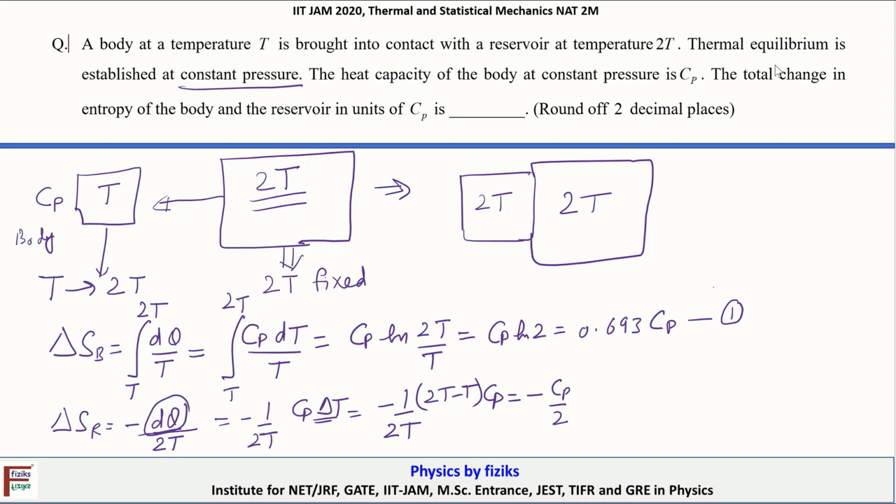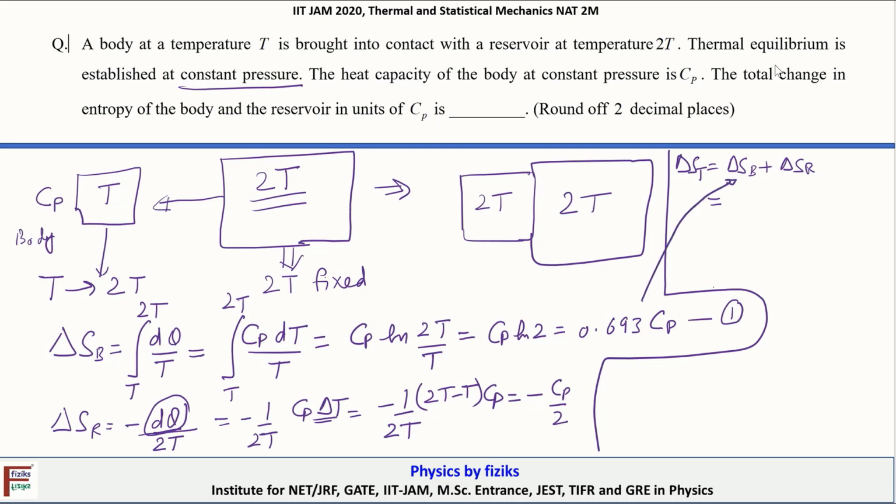Therefore the net entropy change will be delta S total, which is equal to delta S body plus delta S reservoir. If you add these two numbers, we substitute this value here, and then minus Cp by 2 here.